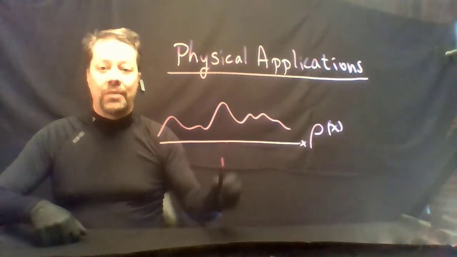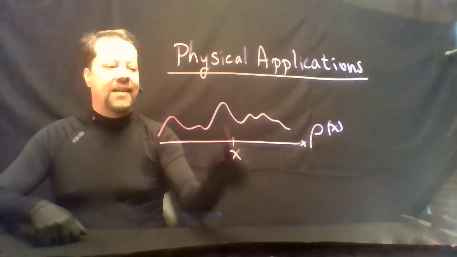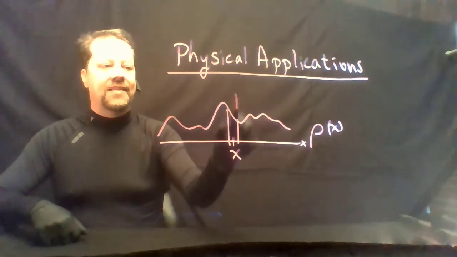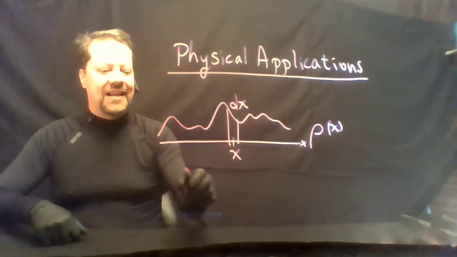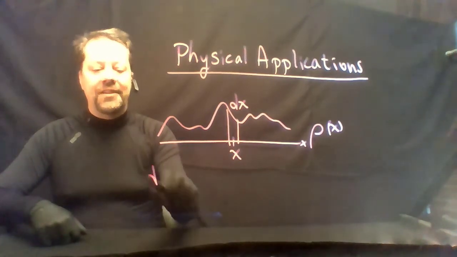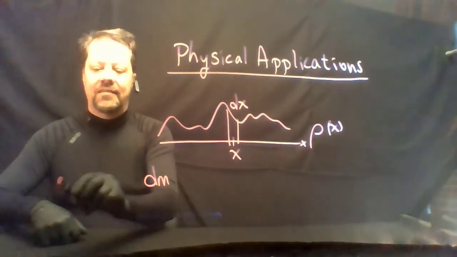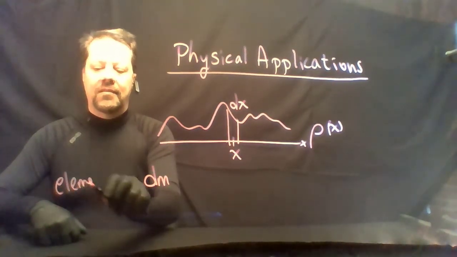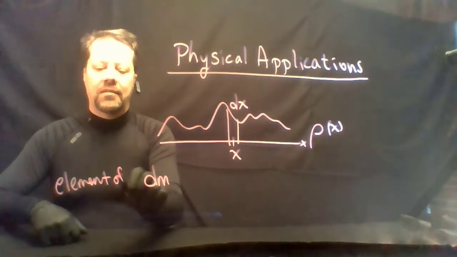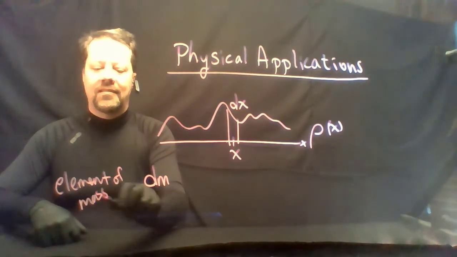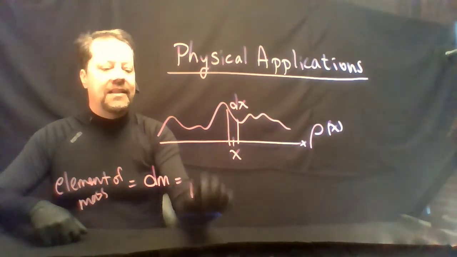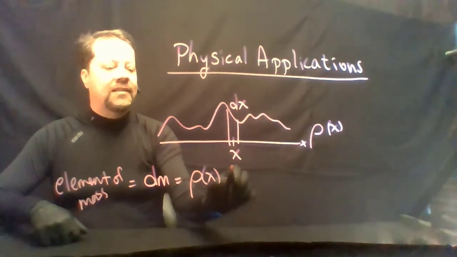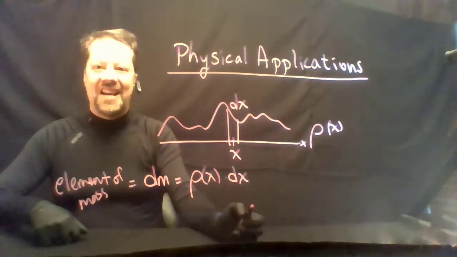To get the total mass, at some x coordinate, we'll make a little slice of width dx, some infinitesimal slice. The element of mass, denoted by dm, is the density times the little interval dx.